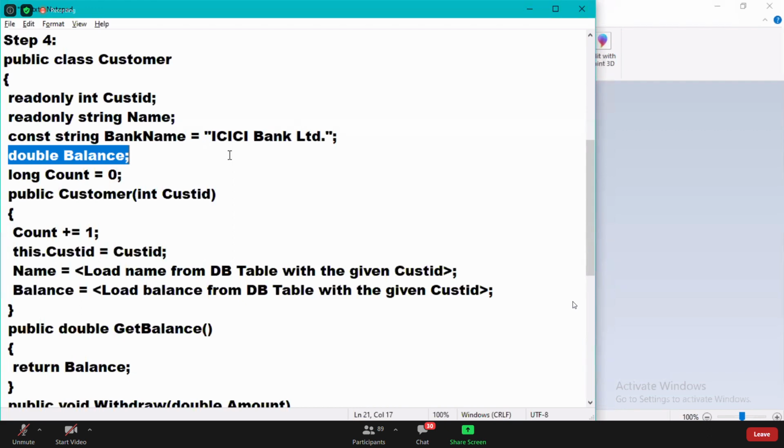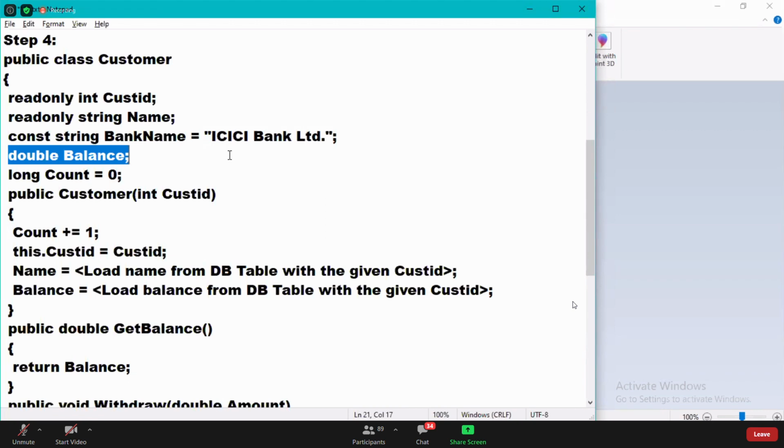How can it be read-only? Answer me, guys. Is balance common for all or specific to each customer? It is specific, so you will maintain separate copies.